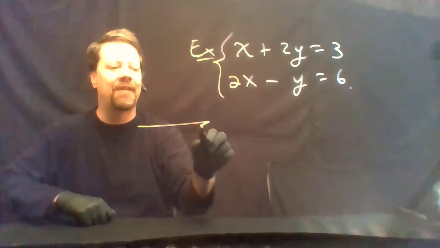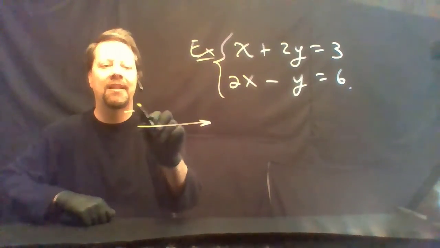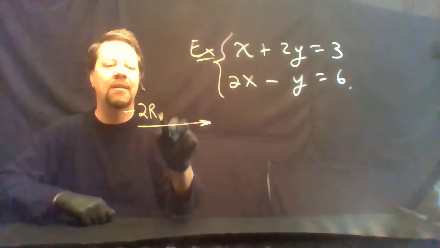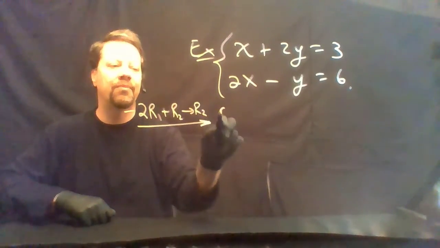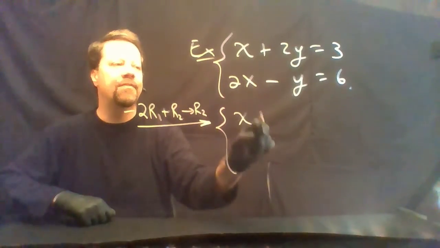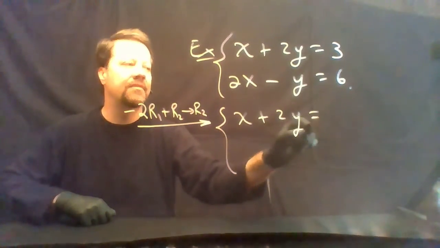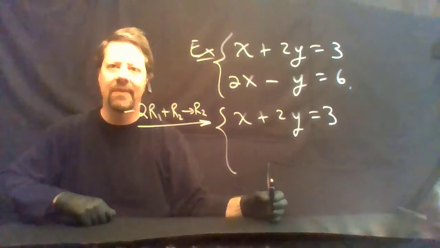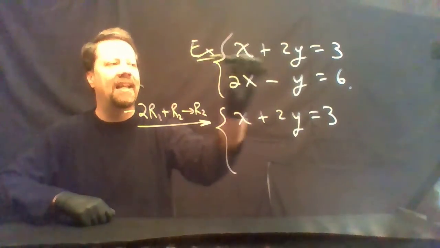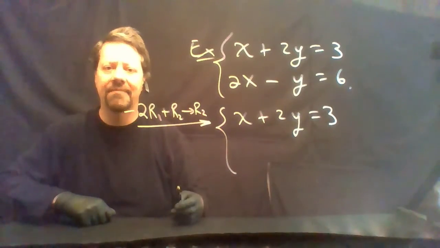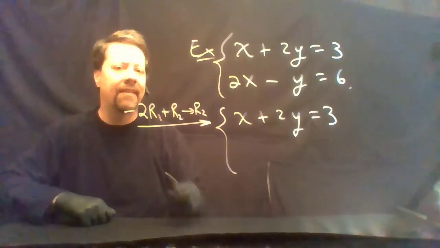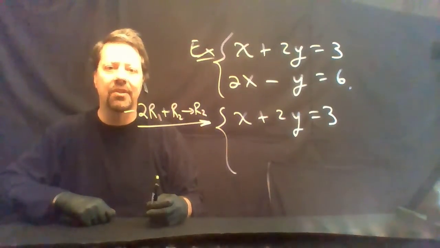Suppose we do the following operation. Negative 2 times row 1 plus row 2 yields a new row 2. That leaves the first equation alone. What we're doing is taking negative 2 times the first equation and adding it to the second equation. By the last theorem, we know that that process will not change the solution set.